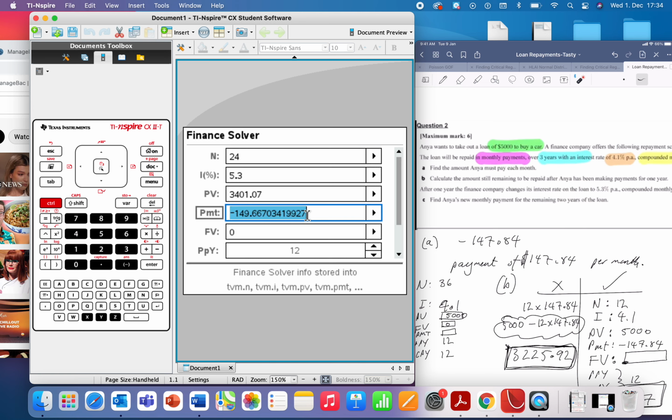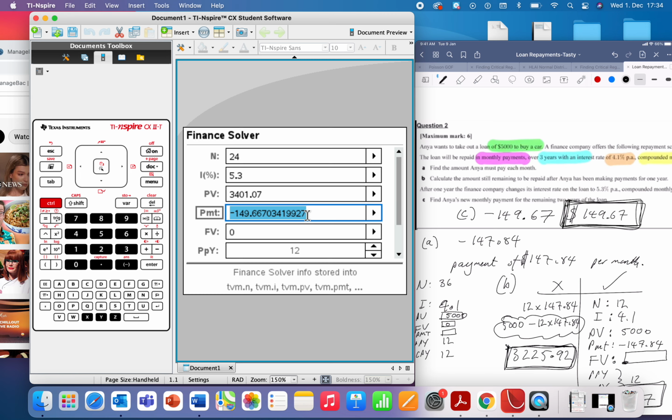And of course it's gone up a little bit. So for part C, it's gone up a little bit because of the increased interest rate. So it's a $149.67 monthly payment.